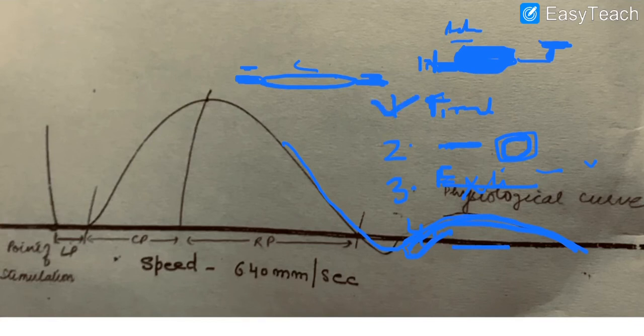One is the time taken by the impulse to travel along the nerve. Second is the events happening at the neuromuscular junction: release of the neurotransmitter, attachment of that neurotransmitter to the receptor, then generation of the end plate potential, right. The third one is the movement of the action potential to travel along the muscle fiber through the T tubule, then making the ryanodine receptor, located on the sarcoplasmic reticulum, open up.